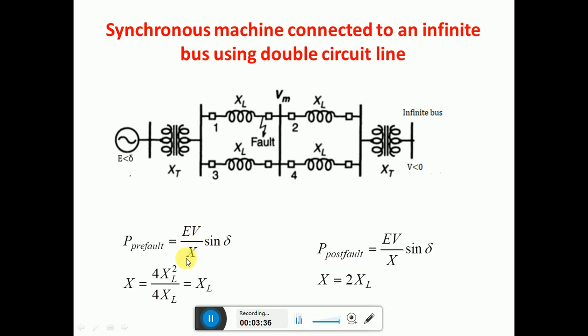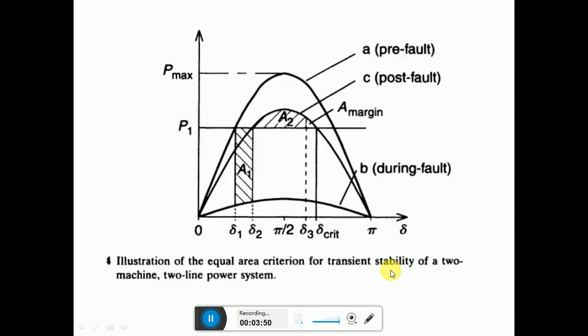Because X is less here, that's why this pre-fault power will be more, but post-fault power will be less because X is more, the denominator is more. So if you can see the curve, this represents the pre-fault curve and this represents the post-fault curve. And this is the curve during fault.